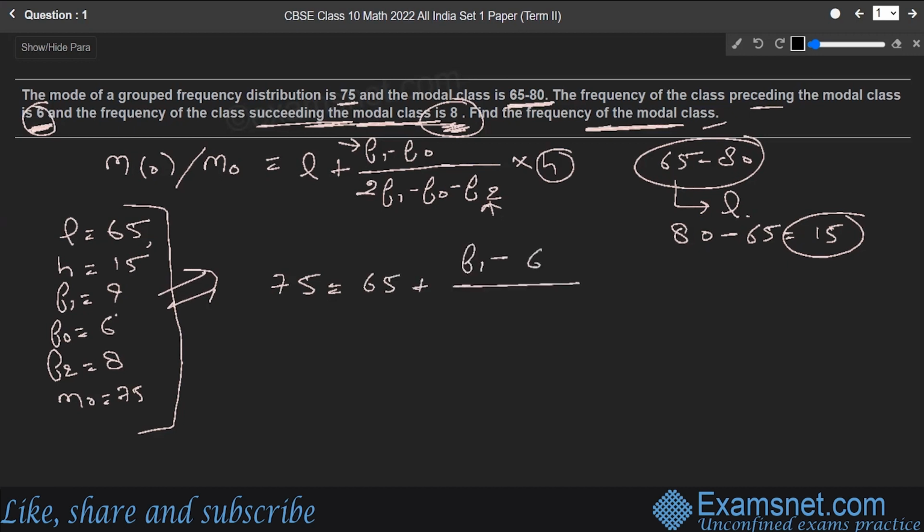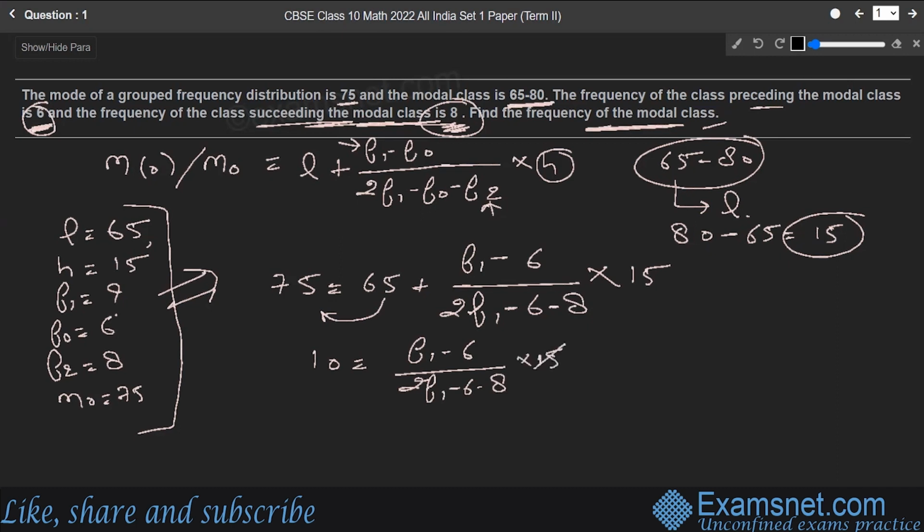F naught is 6, divided by twice of f1 minus f naught value 6 minus f2 value 8, into class width h, that is 15. So let us try to solve this. If you take 65 to the other side, it is going to be 10 is equal to (f1 minus 6) upon (twice of f1 minus 6 minus 8) into 15.